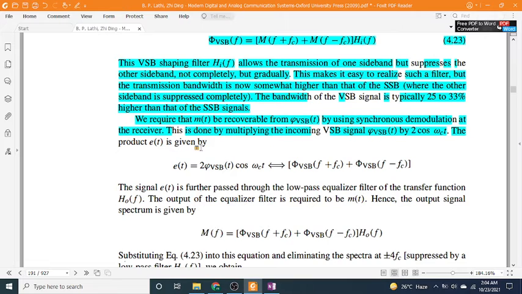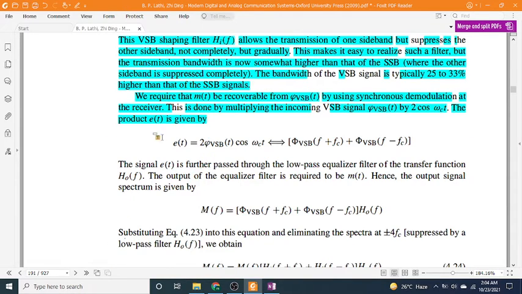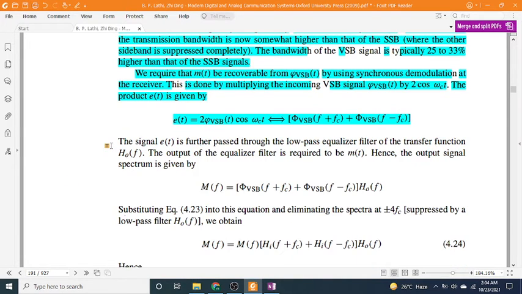The product e(t) is given by e(t) = 2φ_VSB(t)cos ωct. The signal e(t) is further passed through the low-pass equalizer filter of the transfer function H0(f). The output of the equalizer filter is required to be m(t).